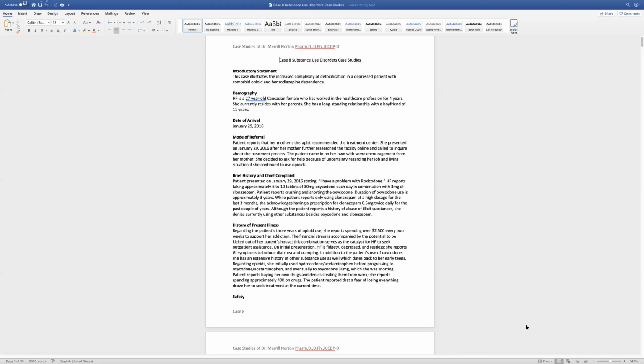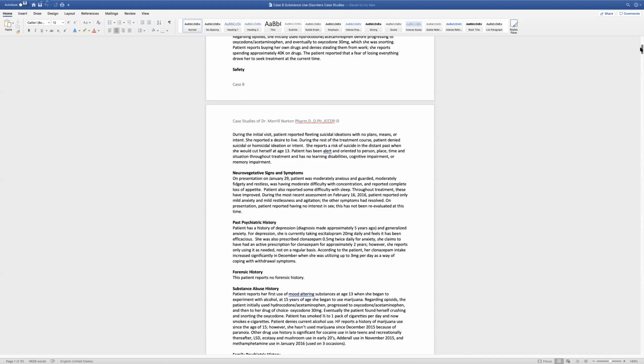Regarding opioids, she initially used hydrocodone-acetaminophen, progressed to oxycodone-acetaminophen, eventually to oxycodone 30 milligrams, where she began snorting. She says she'd been buying her own drugs and stealing them from work. She reports spending $40,000 on drugs. She reported a fear of losing everything that drove her to seek treatment. Okay, all right.